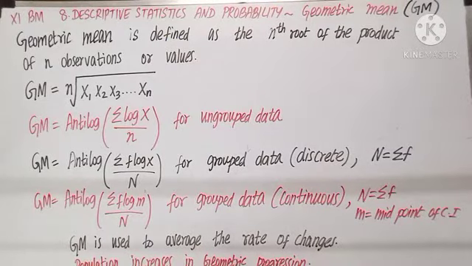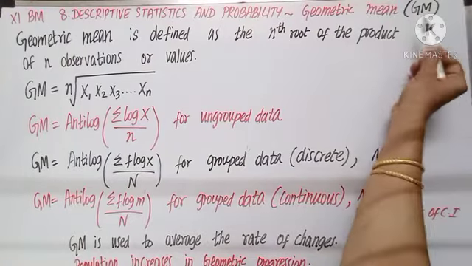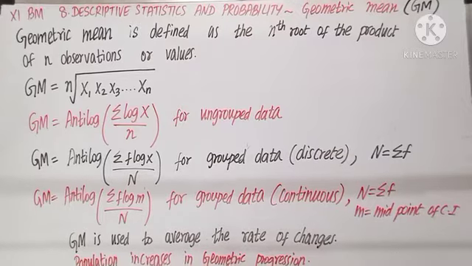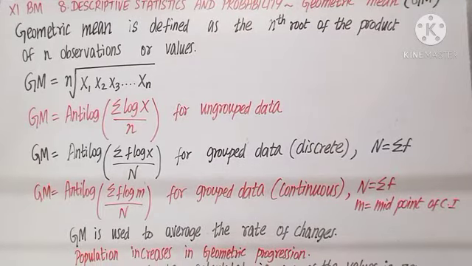Good morning, children. In today's class, we are going to learn about geometric mean, abbreviated as GM. We have learnt in lower classes that certain progressions are arithmetic and certain progressions are geometric. For example, population increases in geometric progression.